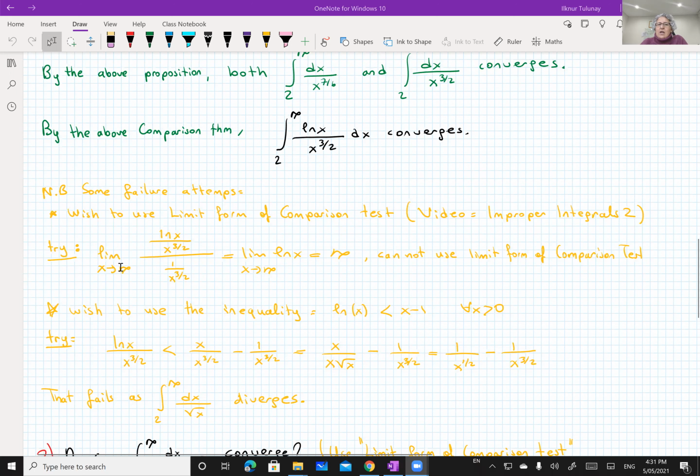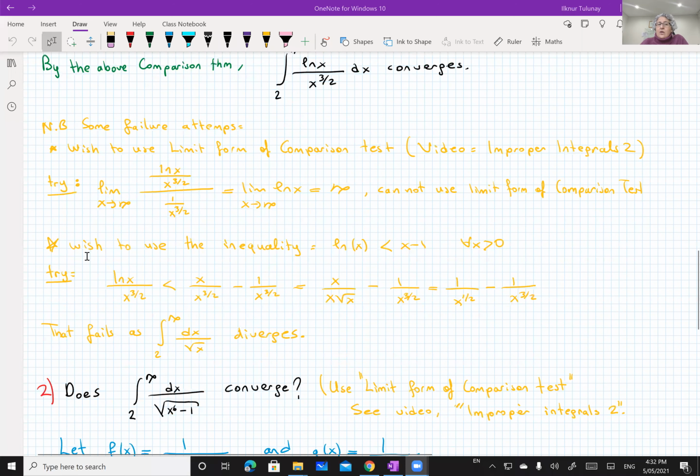And if you try, for example, ln x over x^(3/2) divided by 1 over x^(3/2), then you will find the limit of that is infinite. We were searching for a constant between 0 and infinity, but not 0, not infinite, in this limit comparison test, and we cannot use that theorem anymore.